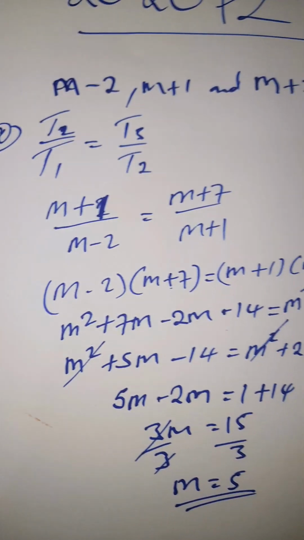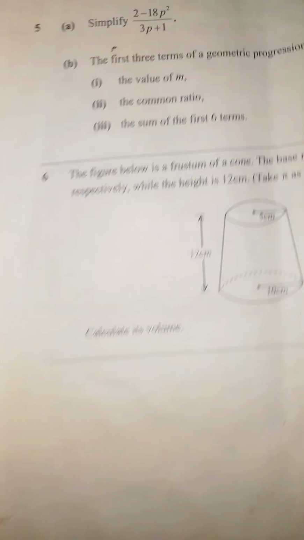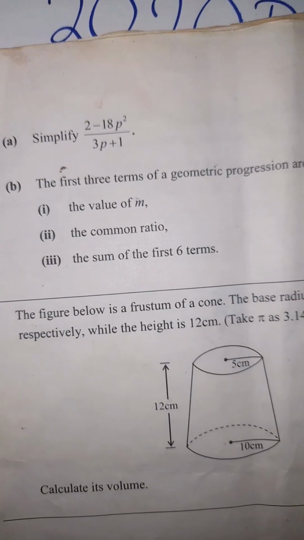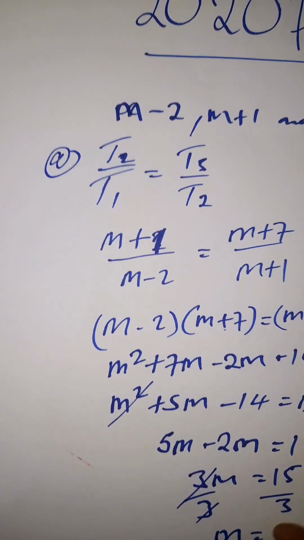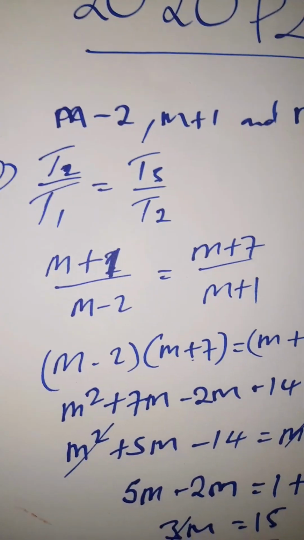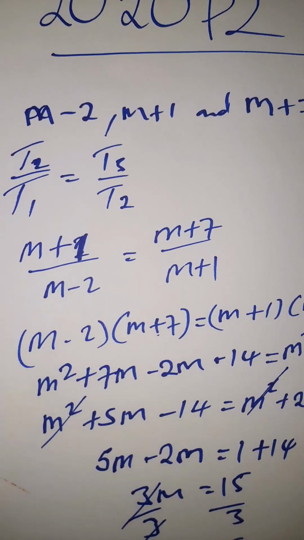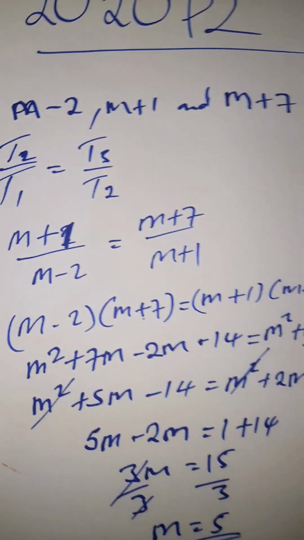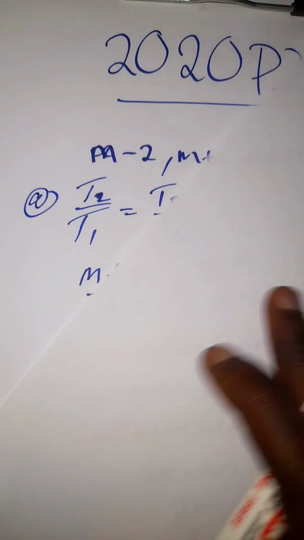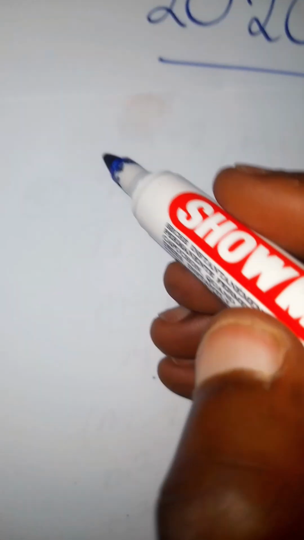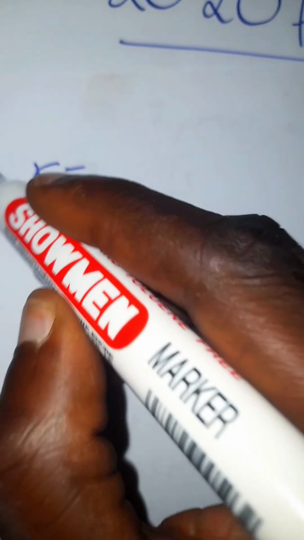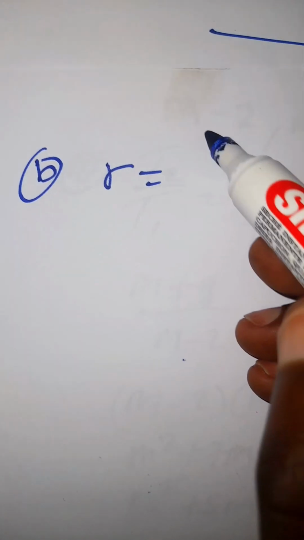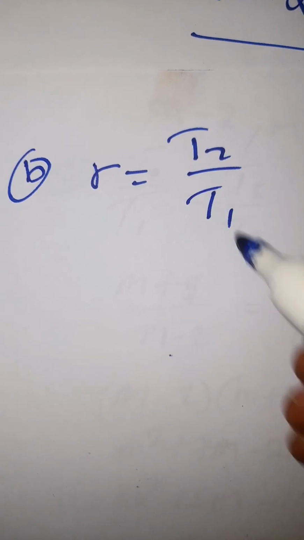Let's now answer the second question, which is the common ratio, for 2 marks. To find the common ratio, here is the formula: common ratio is equal to T2 over T1.